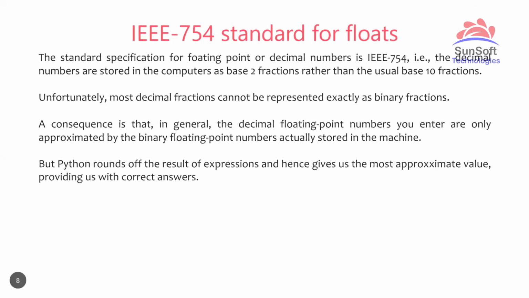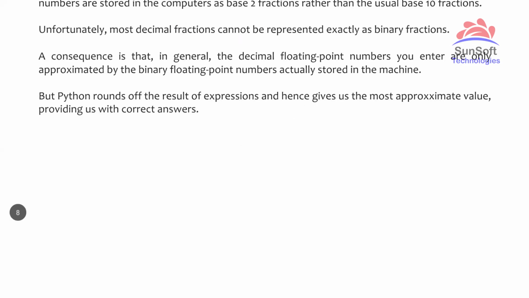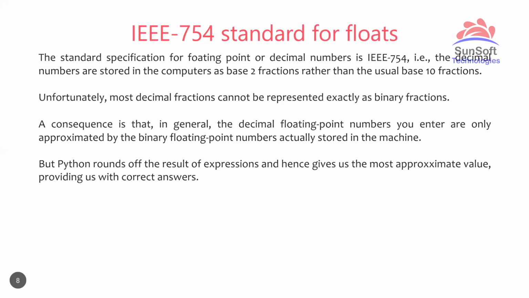Now, floats are stored in computers using the IEEE 754 standard. Unfortunately, most decimal fractions cannot be represented exactly as binary fractions, because it uses bits, and those bits are the ones used to represent those fractions as well. Because of that, the numbers that we enter as decimal are approximated.